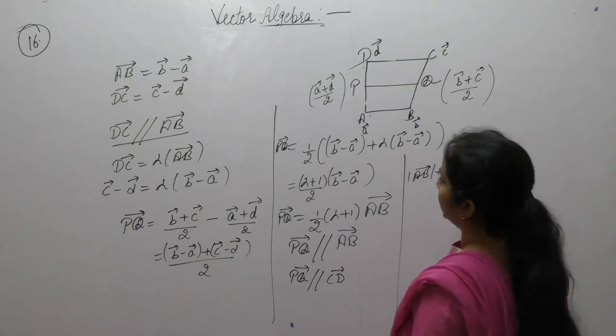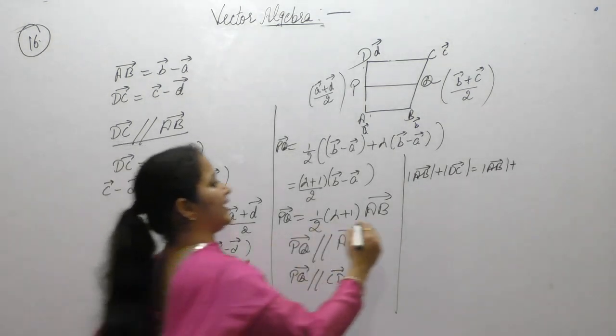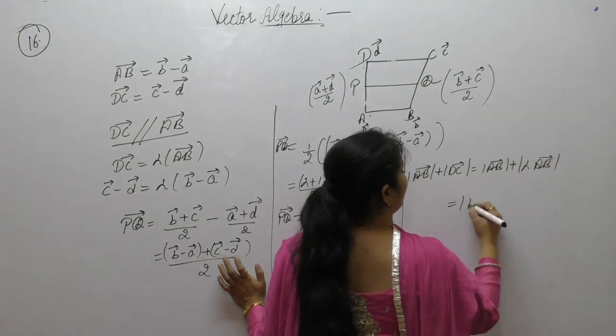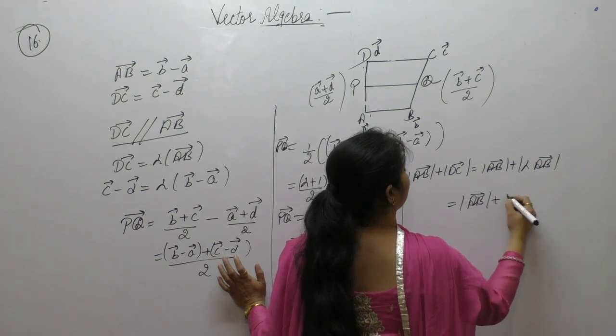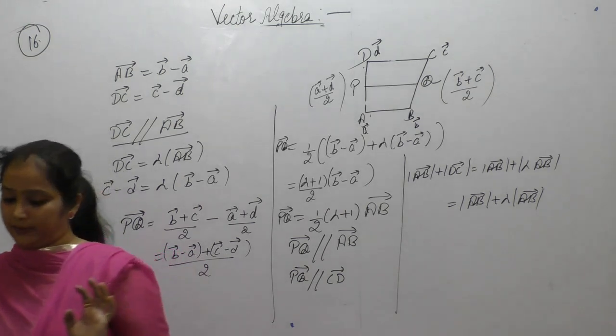To, we can write DC as lambda of AB vector. So magnitude of AB vector plus lambda times magnitude of AB vector.